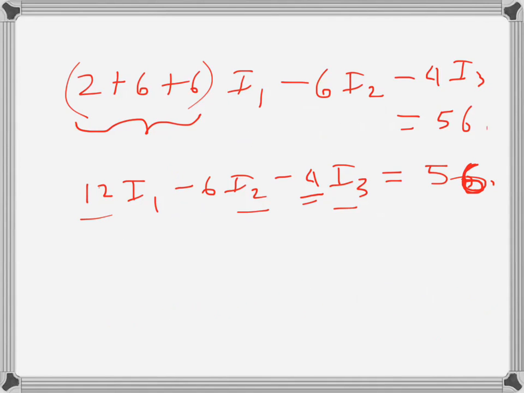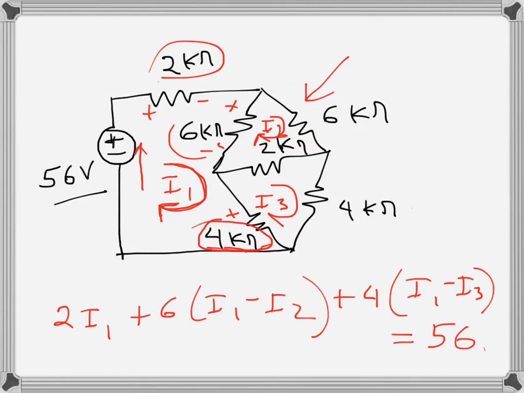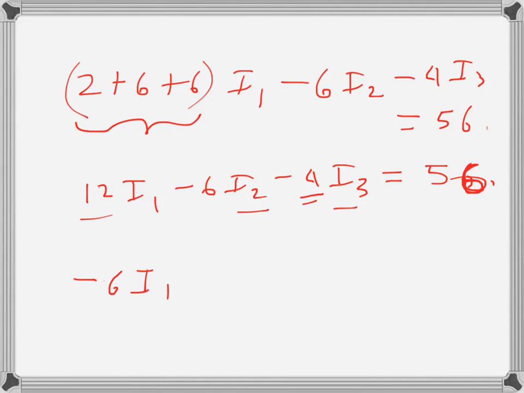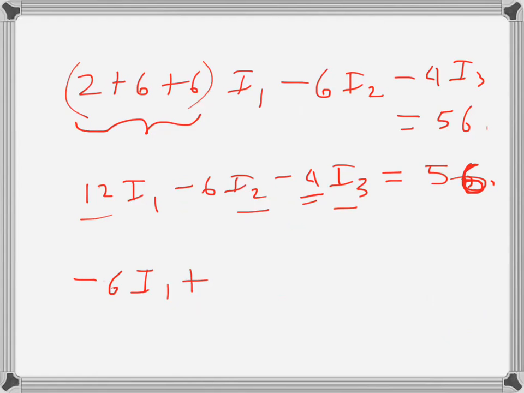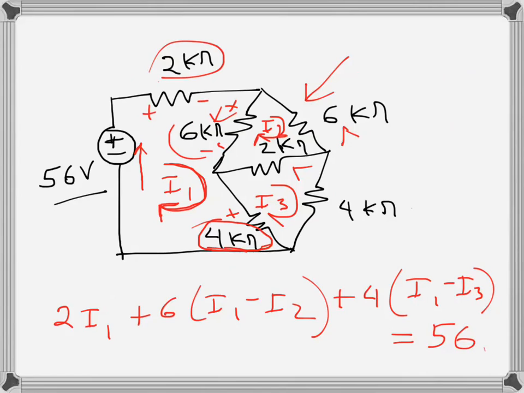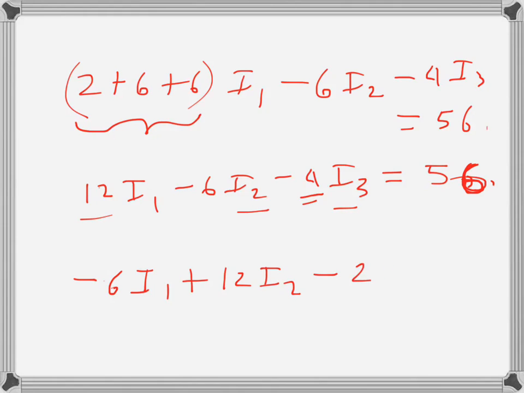So first it's negative I1, and the common resistance between I1 and I2 is 6, so negative 6 I1, and then plus the sum of the three resistances, 6 here, 6 here and 2 here, so 12 I2, and negative I3, where the common resistance is 2 ohms, so that's 2 I3, and on the right hand side will be 0, since there is no voltage rise in the mesh.